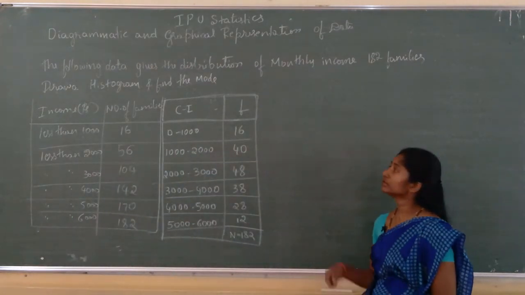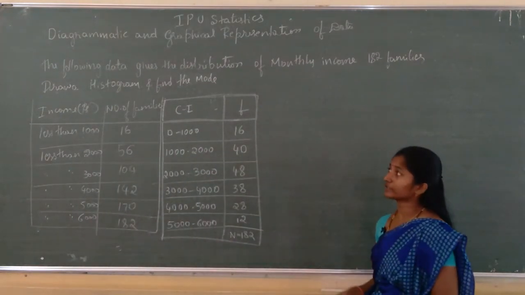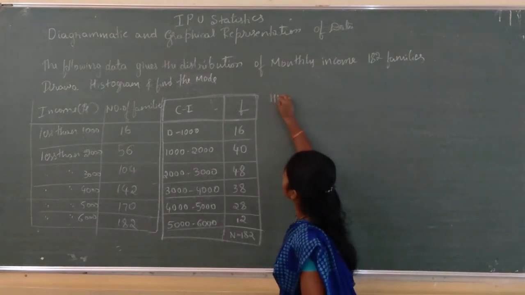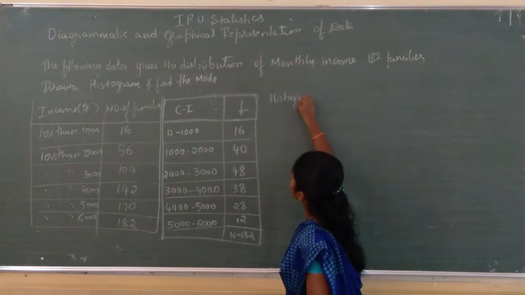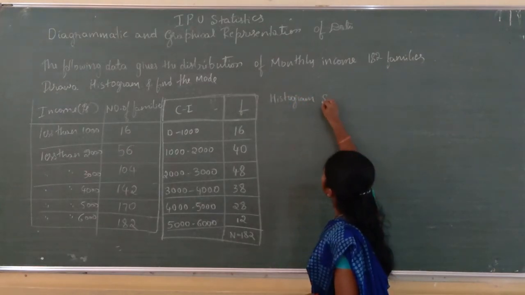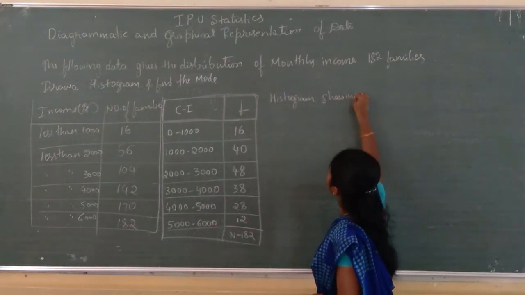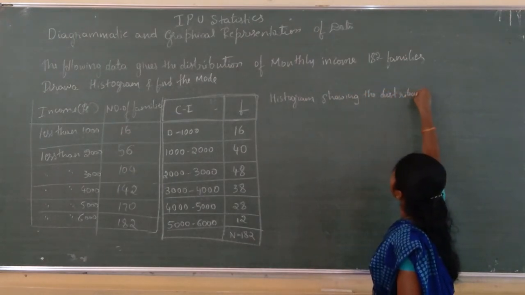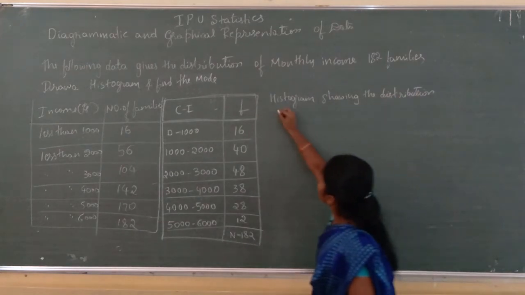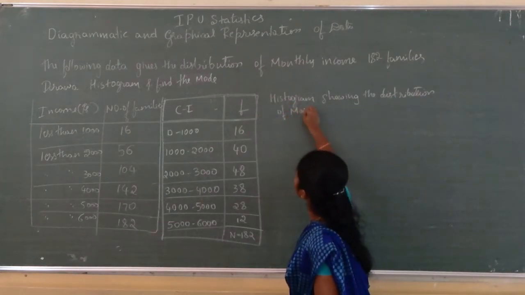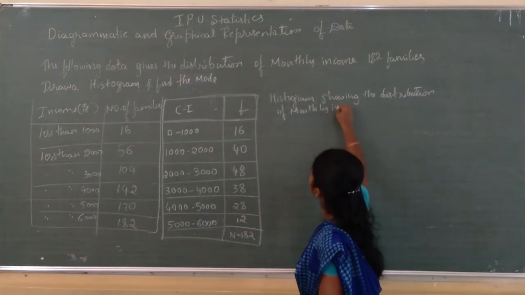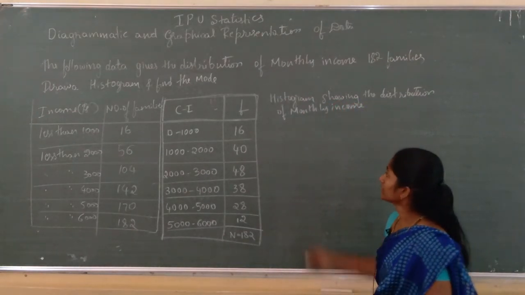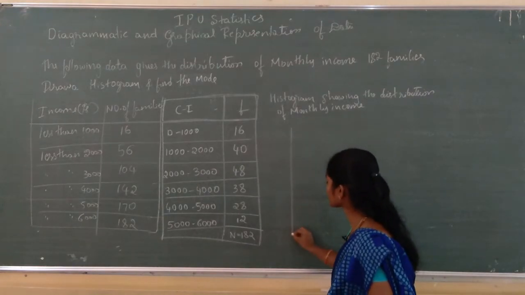Now to draw the histogram, first we will write the title: histogram showing the distribution of monthly income. Now we will draw this histogram.